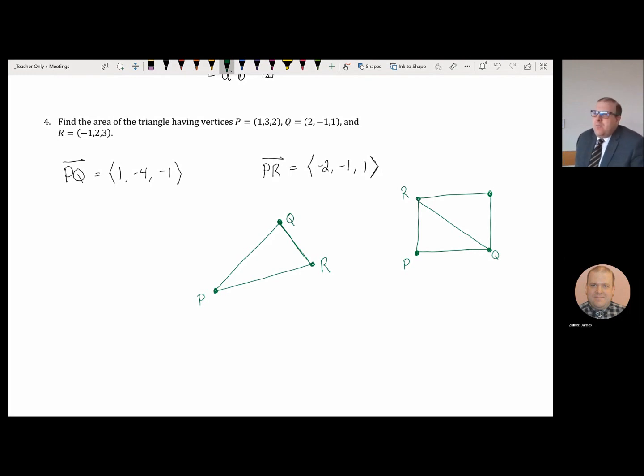PQ and PR form edges of a parallelogram. The triangle with those vertices is half of the parallelogram, isn't it? So triangle PQR would be half of the parallelogram PQRS. Let's call that missing vertex S. So the area of our triangle would be half the area of the parallelogram, right?